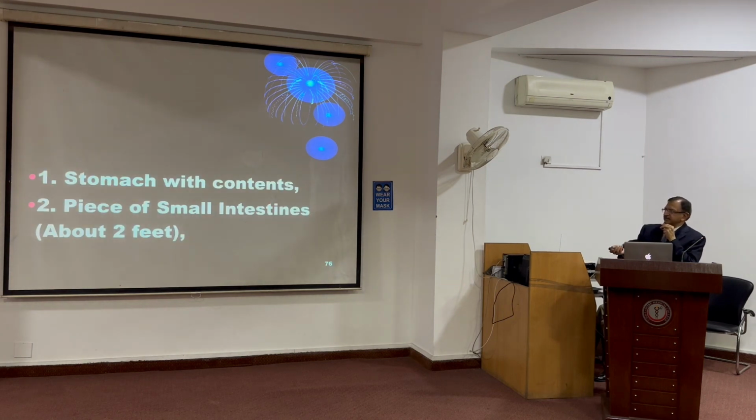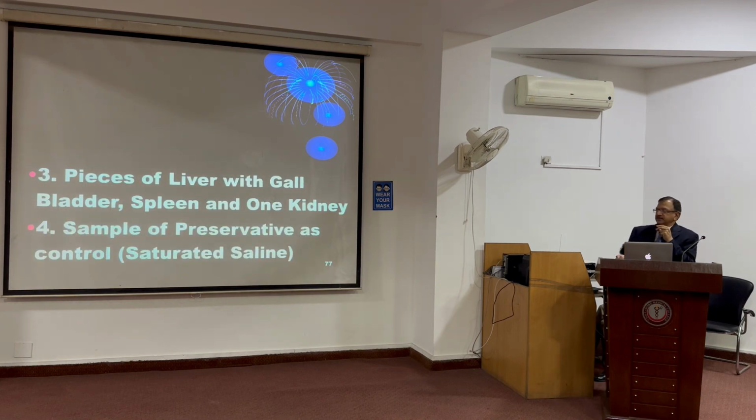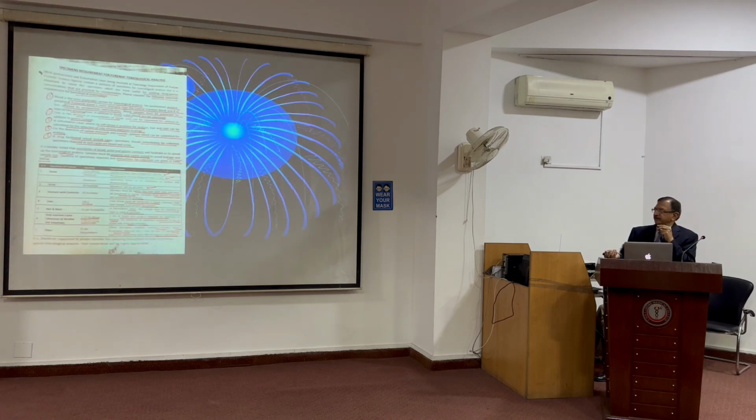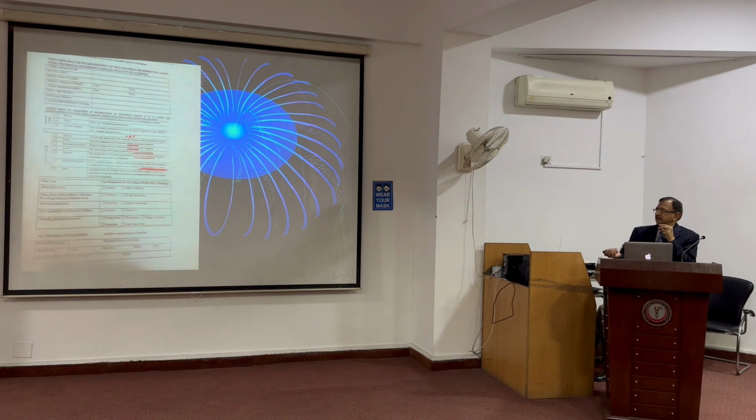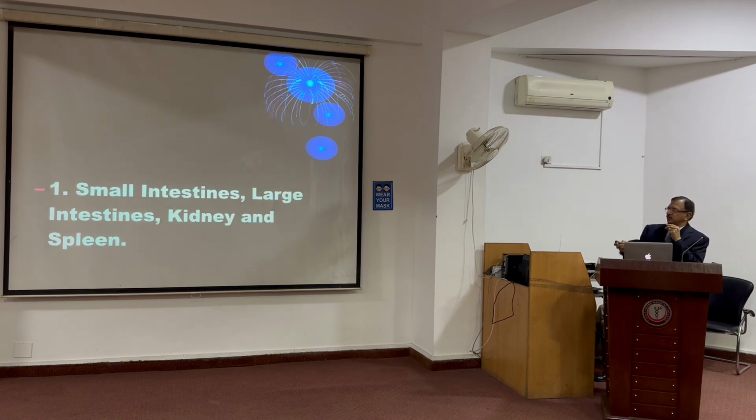stomach with contents, piece of small intestine, piece of liver with gallbladder, spleen, and kidney, and control specimen of the preservative. So this is the present guideline, and they have now recommended that on the fresh body, in a case of poisoning, there is no need of dispatching the small intestine, large intestine, kidney, or spleen.